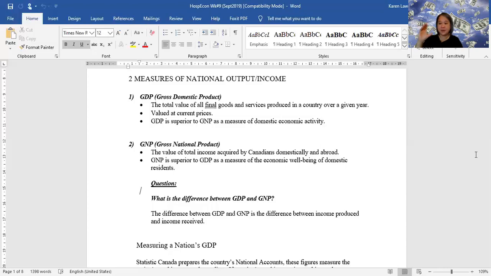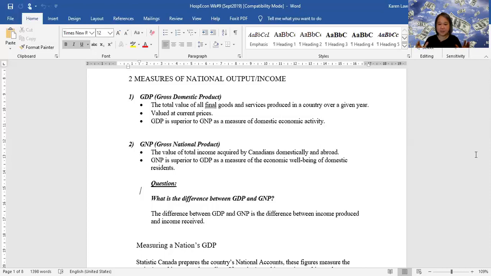So that hamburger that you bought at McDonald's will show up in Canada's GDP. However, McDonald's is a US corporation, and the income from that hamburger eventually will show up in the McDonald's corporation as income.